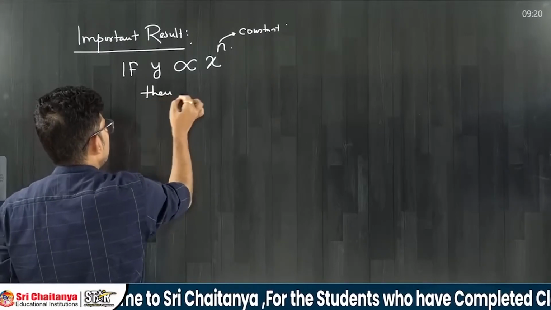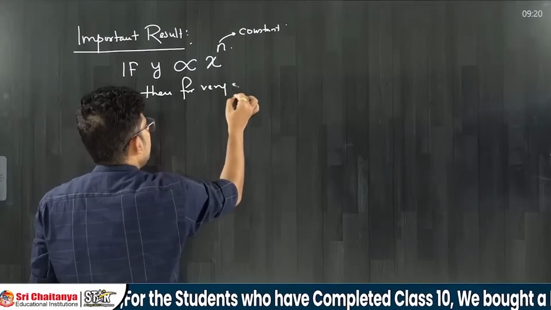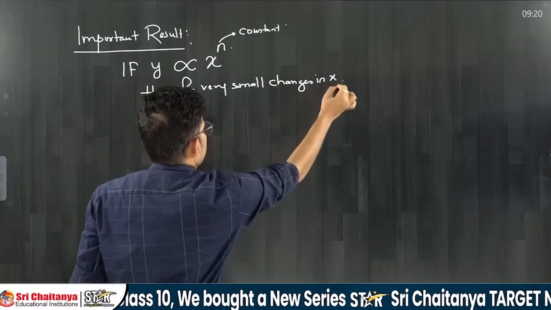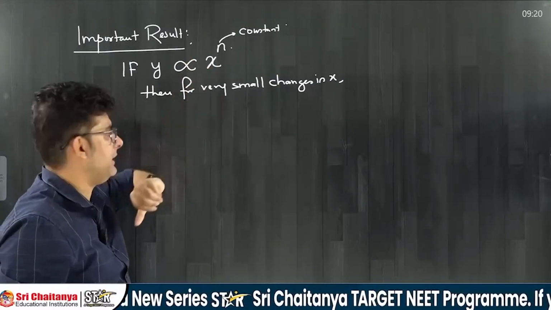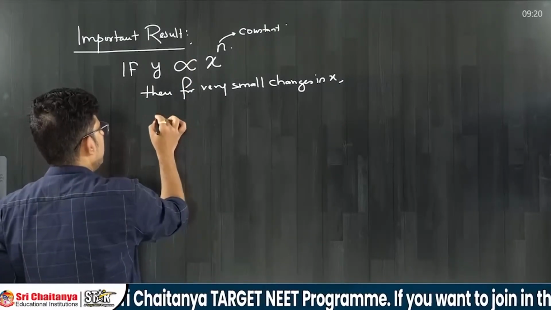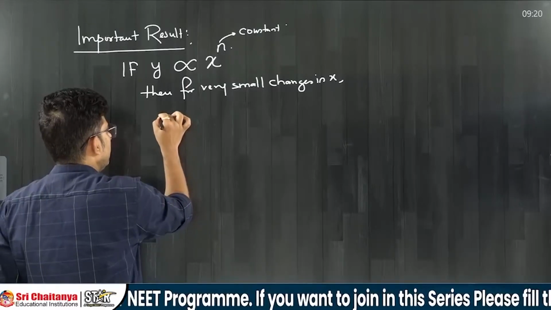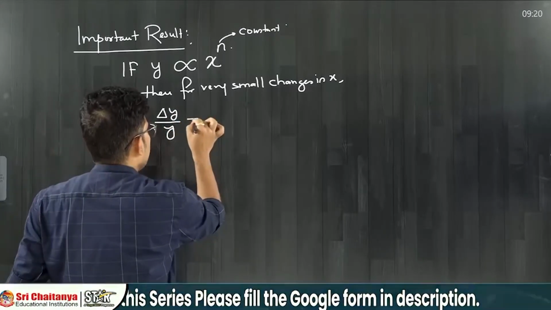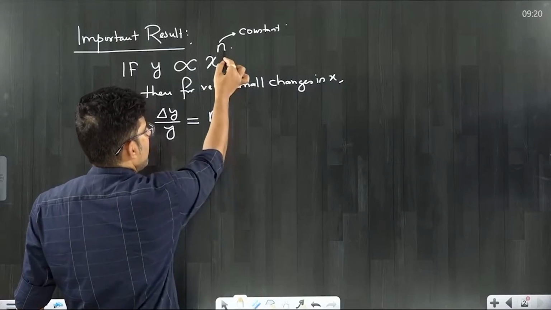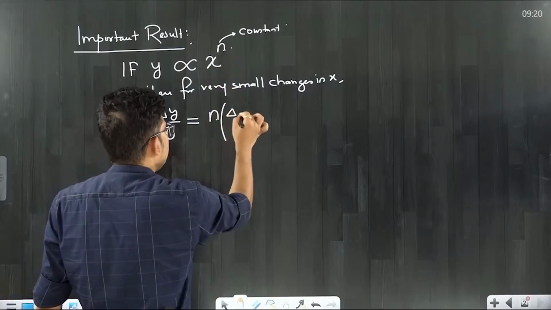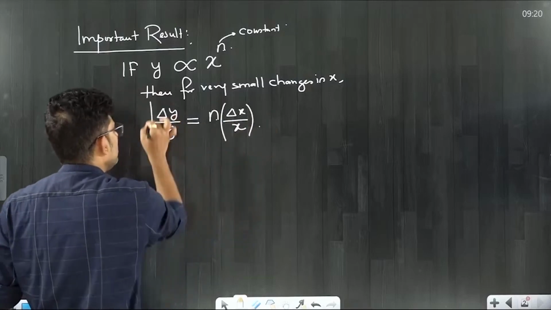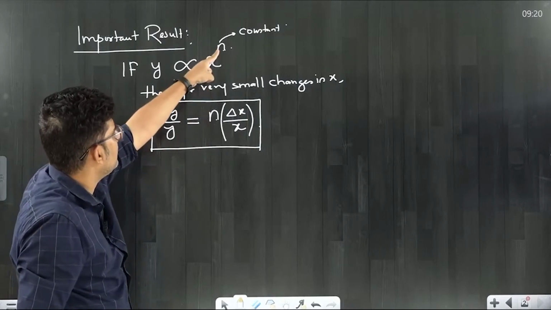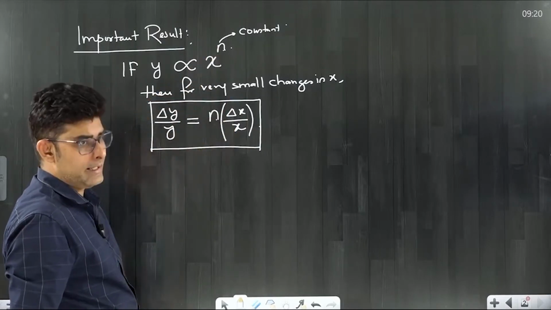Then for very small changes in x, if x is changed by a very small change, then we can say delta y by y, that is the fractional change in y, can be directly written as whatever the power is, n, multiplied by delta x by x. Very important result. I will show you the proof also. You will understand. The fractional change in y will directly become the power n multiplied by the fractional change in x.